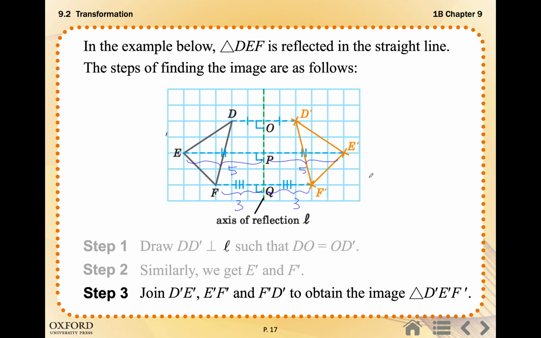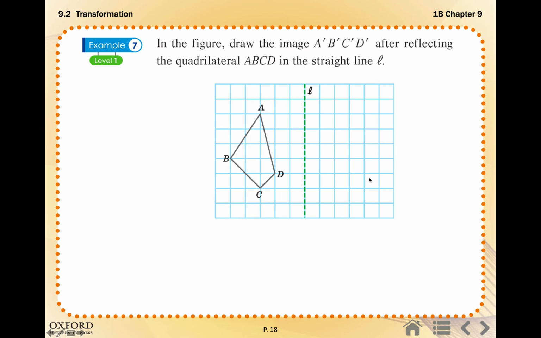So if you get such an idea, I think drawing the refraction is not difficult. Then you can look at the next example. Just use the same idea that you have learned about refraction. This is the quadrilateral ABCD again.